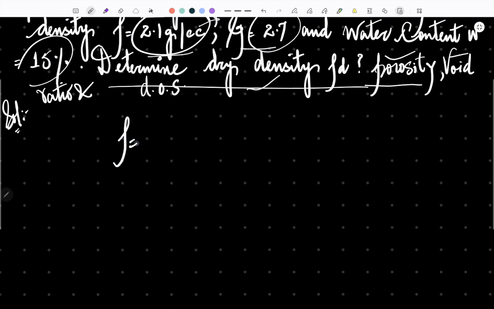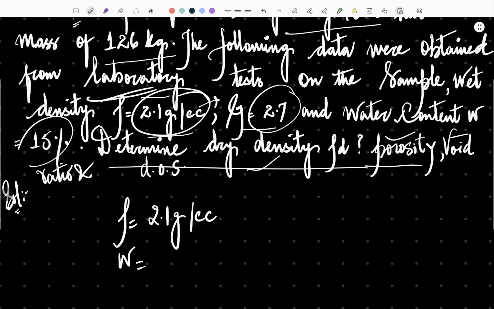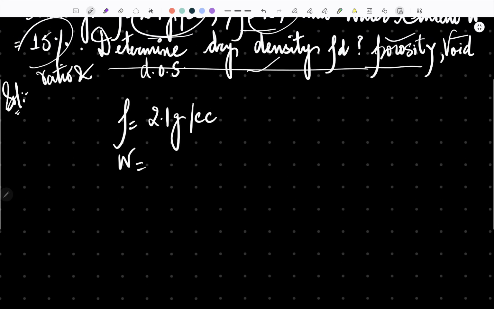Bulk density has been given in the question, 2.1 grams per cc, and the water content has already been determined by the laboratory test on this sample of clay, which is wet silty clay soil, and that was found to be 15%. I have to find the dry density first. I can very easily use the equation: dry density is equal to bulk density divided by 1 plus water content.